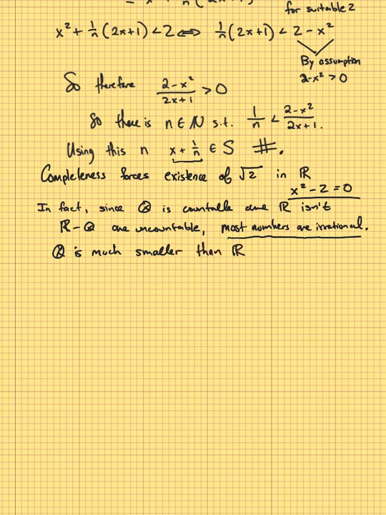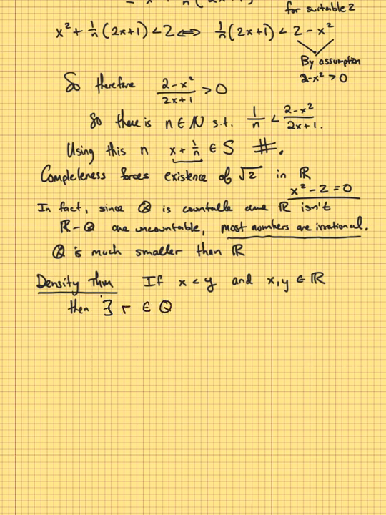But it's also fairly densely packed inside of the real numbers. Okay, so what I mean, this is called a density theorem. If x is less than y, and x, y are in the reals, then there exists some rational number between x and y.